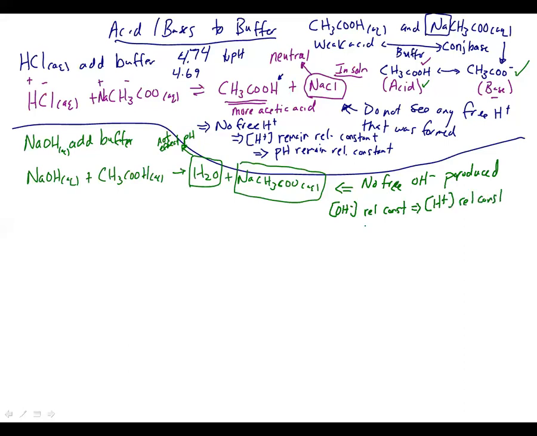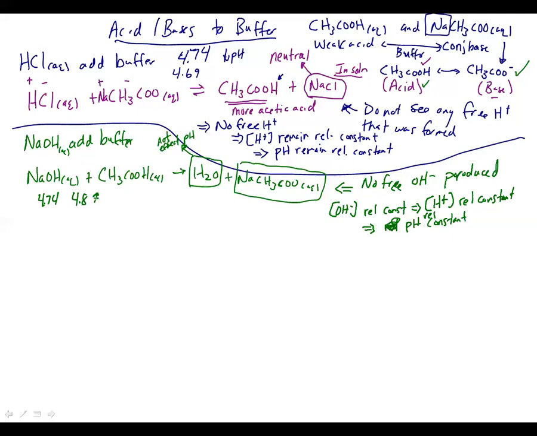And because the H plus concentration is relatively constant, that should keep our pH relatively constant as well. Again, just like above, if you were monitoring the pH of the solution, you would see it go up. If it was 4.74 to begin with and you added this base, perhaps it goes to 4.8-ish or so. It will go up a little bit.